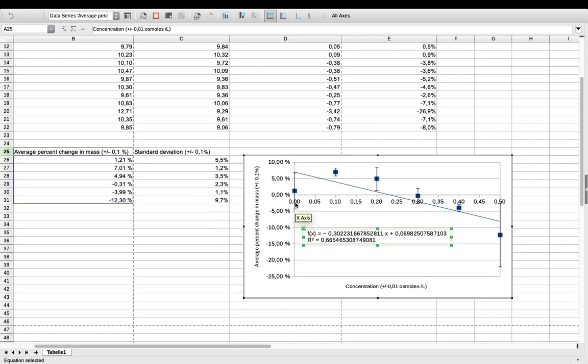So we're going to set f of x to 0 and solve for x, and that will tell us where this line crosses the x-axis, and that is the estimated osmolarity of the tissue. That's where, at this concentration of salt solution, we wouldn't expect the tissue to gain or lose any mass due to osmosis.